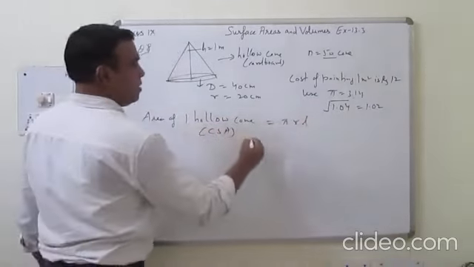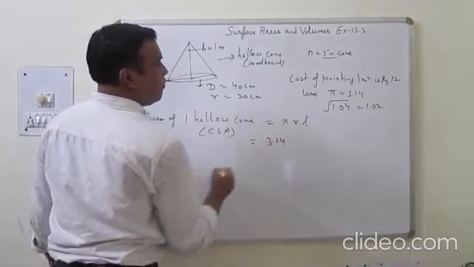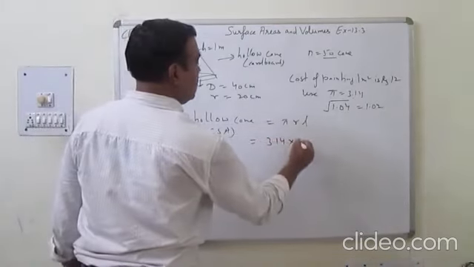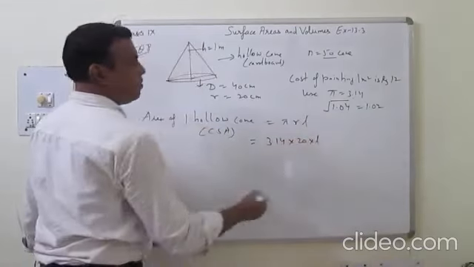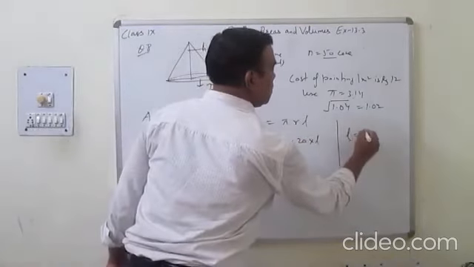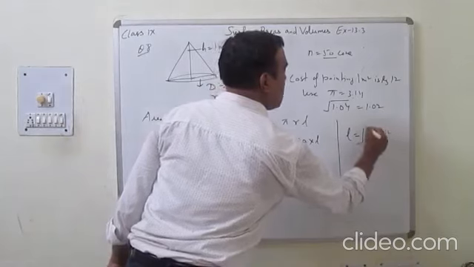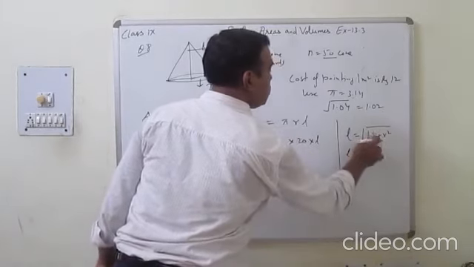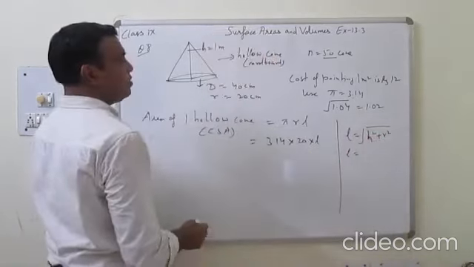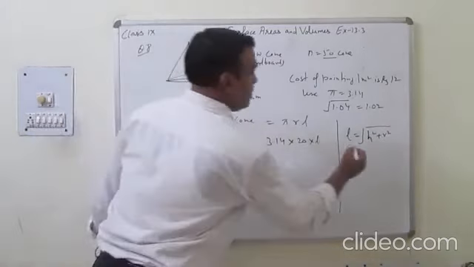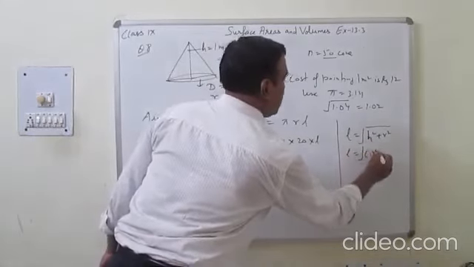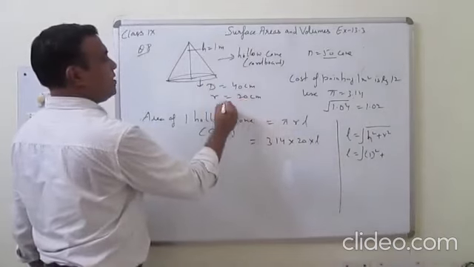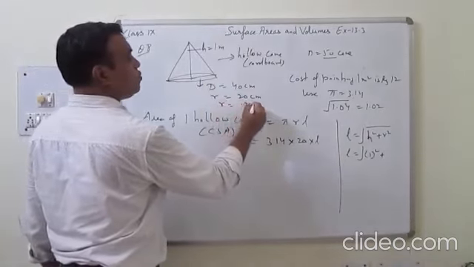So pi use 3.14, r is 20, l we have to find out. So again l is equal to under root h square plus r square. What is h? 1 meter. So 1 square plus it is 20 centimeter. When you convert into meter, it is 0.20 meter.